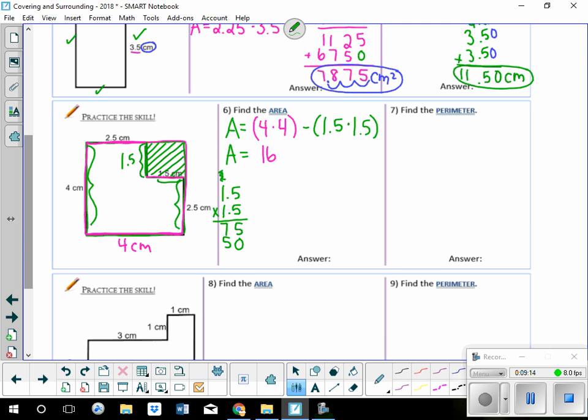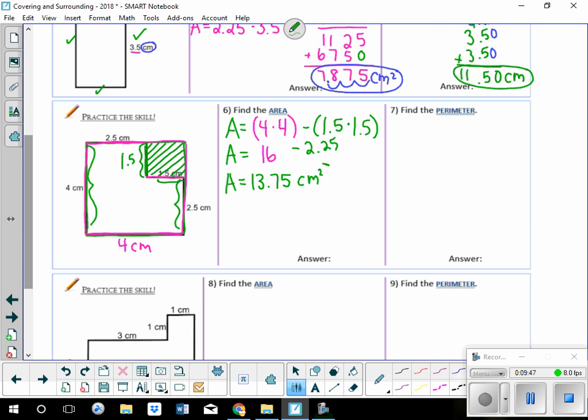So I'll add all these. Put my decimal point between my 2's. So then I'm going to subtract out 2 and 25/100ths. For my final answer, that means that my area here will be 13 and 75/100ths. We're doing area, so that will be centimeters squared for that.